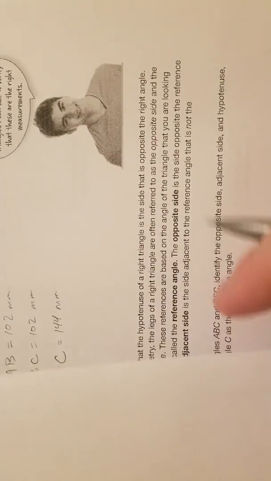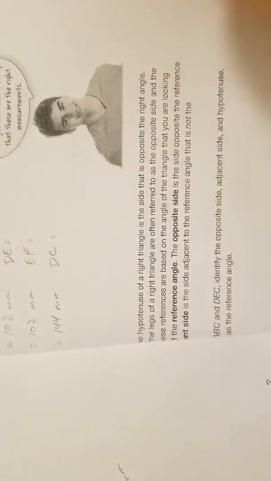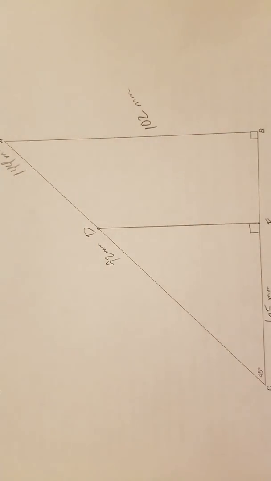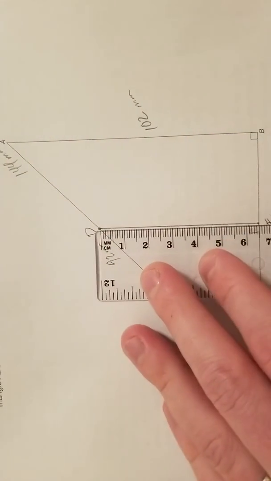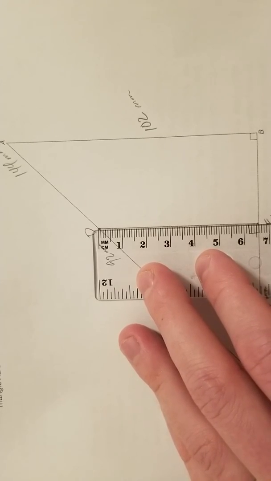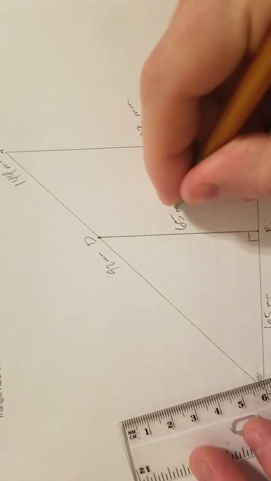And then when I drew my other triangle, DEC, I've got DE, EC, and DC. So DE, oh shoot, I didn't measure DE. Let's get DE. DE I got as also 65. Well, that makes sense because it's a 45, 45, 90 right triangle, so those should be the same.